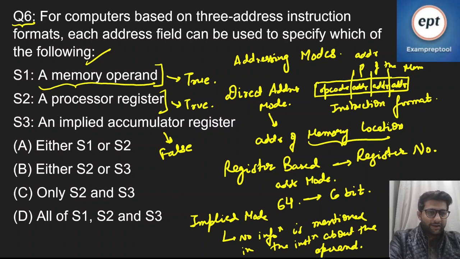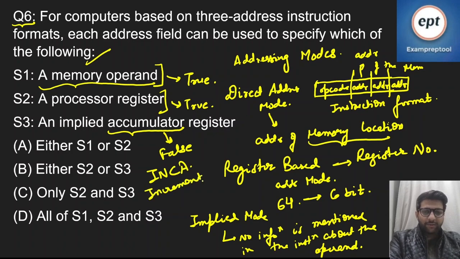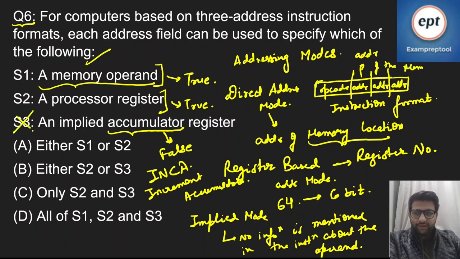The CPU will be smart enough to see that it requires the value from the accumulator. An example of such an instruction is the INCA instruction, that is the increment accumulator instruction. So nothing will be mentioned about the operand in those types of instructions.